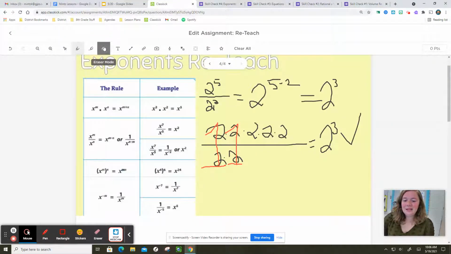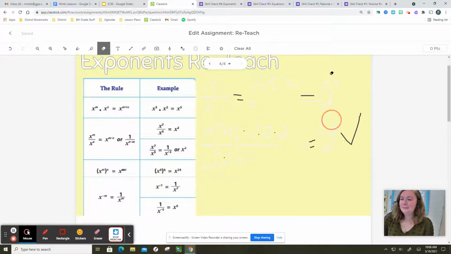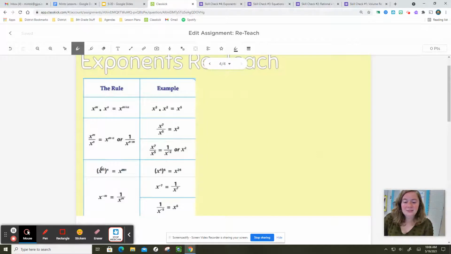Okay? So that's what we're allowed to do. All right. Last but not least, there's 2 more to do. So our next one is whenever we have exponents with the same base and then there's a parentheses and an exponent on the outside, we're essentially allowed to kind of distribute, really.